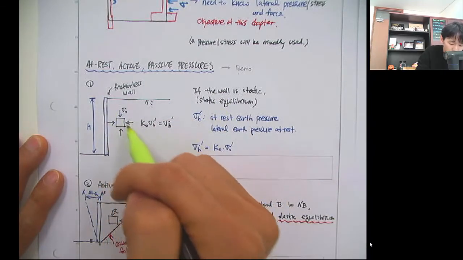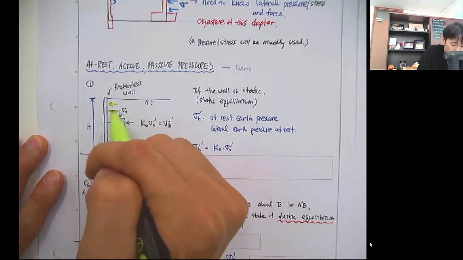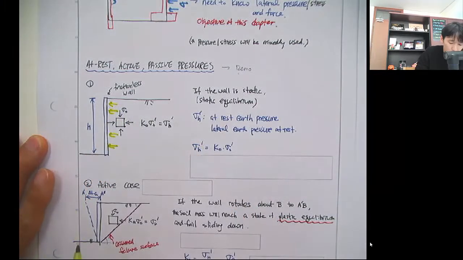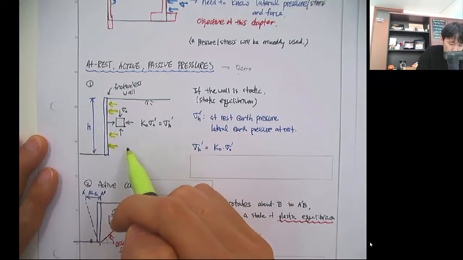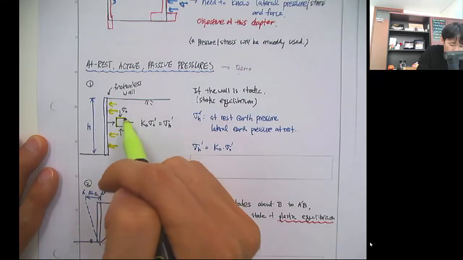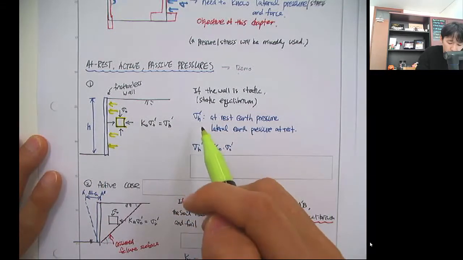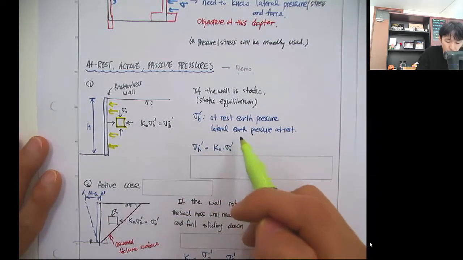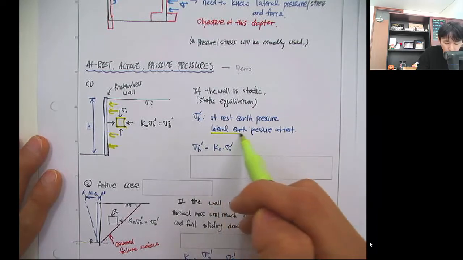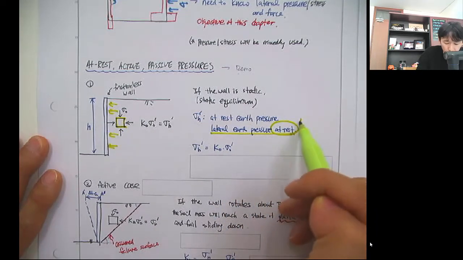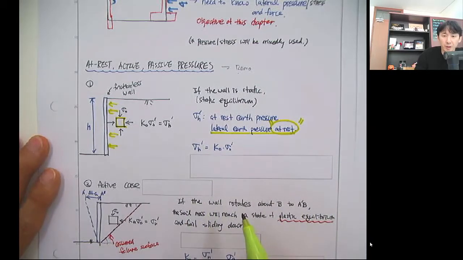Then the horizontal stress is applied on this wall, and this sigma h is also applied in the soil mass, and sigma h prime is called the lateral earth pressure at rest because the soil is not moving.